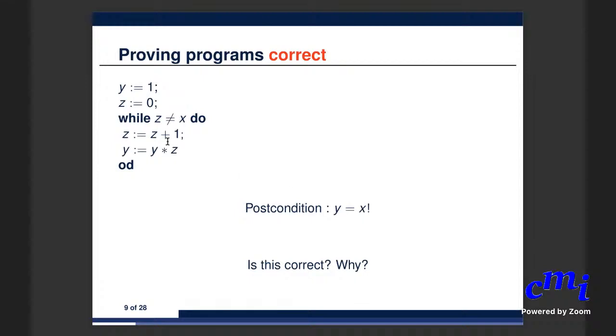So obviously this is doing, in y you expect to end up having factorial of x, which is one of the variables. So it is initializing y to 1. You start with z equal to 0. x could be any arbitrary value.